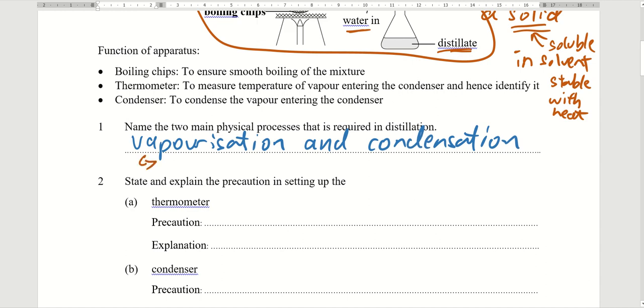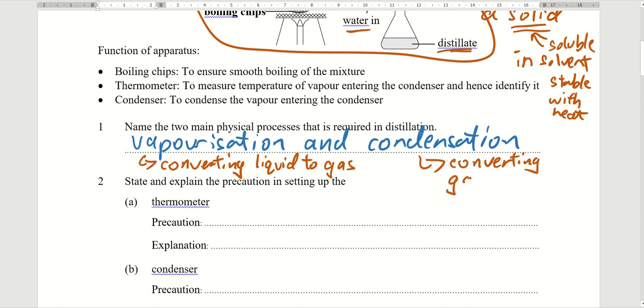Vaporization is converting liquid to gas. This happens inside the flask with the boiling chips. On the other hand, condensation is converting gas to liquid. This occurs in the condenser.